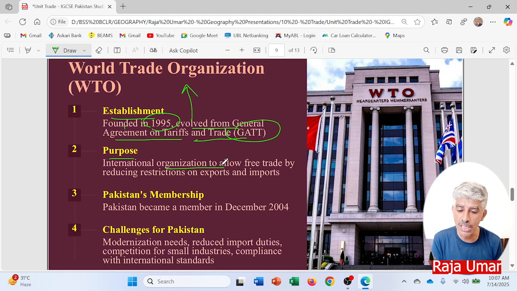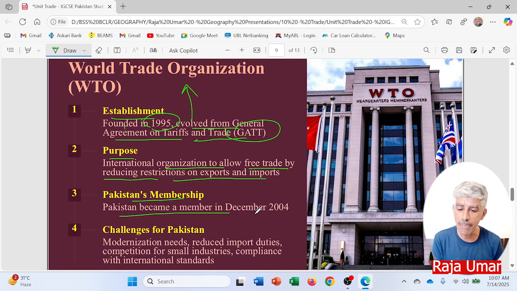Purpose: to allow free trade by reducing restrictions on imports and exports. It means there should be free trade around the globe between countries to meet the needs of the people. Whatever products they need, they should be easily imported and exported, with limited or no restrictions.